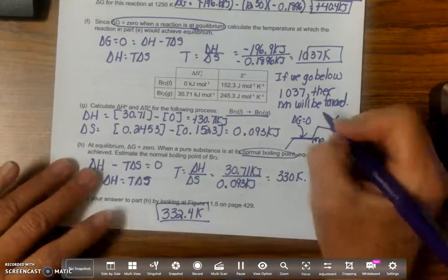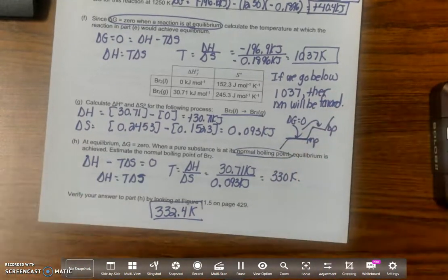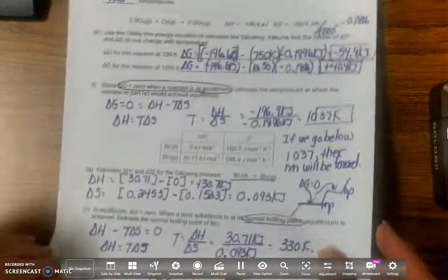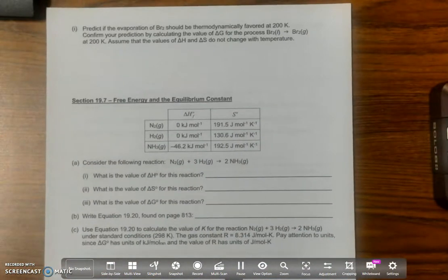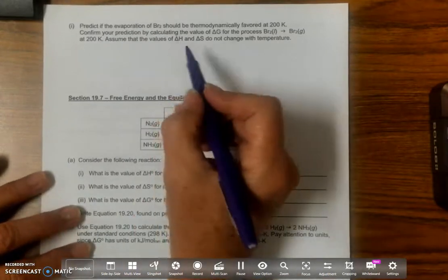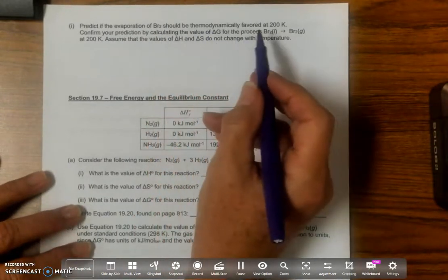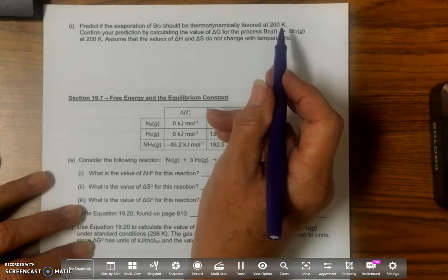And so I can calculate the temperatures at the plateau of that cooling curve.